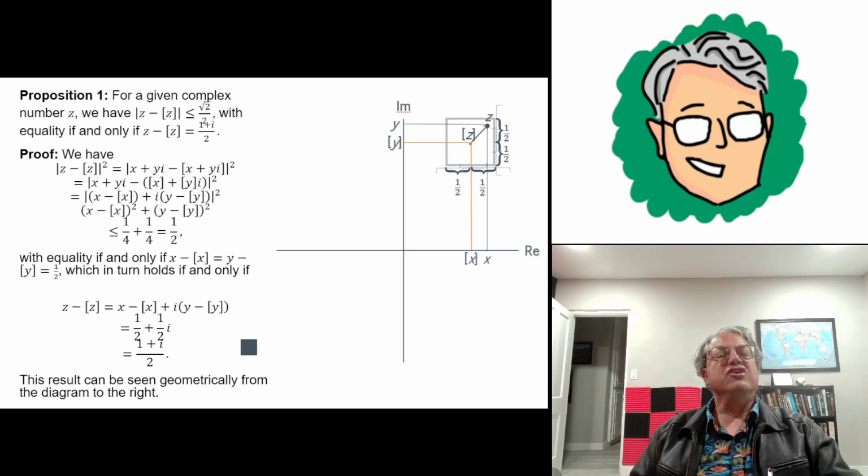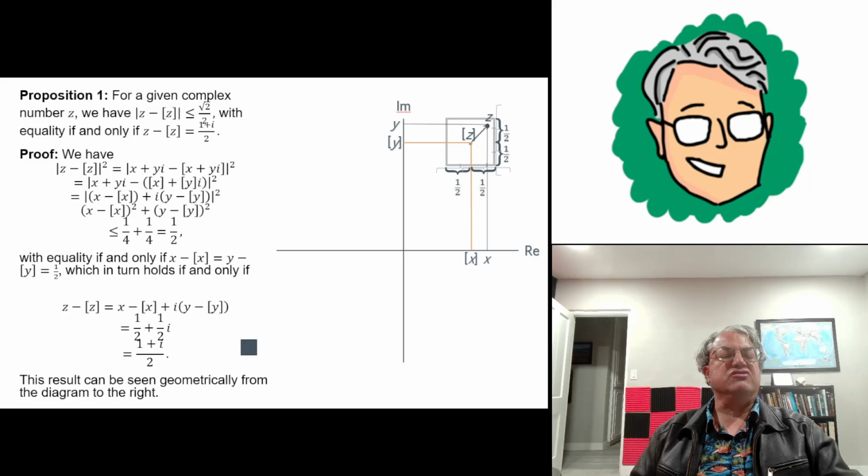The square is centered at bracket z, the nearest Gaussian integer to z, and there's a little arrow going from that to z, and I think you can see that the length of this arrow, which is the absolute value of z minus z bracket, is always less than or equal to 1 over the square root of 2, because you're inside a square, and the sides of the square are 1.